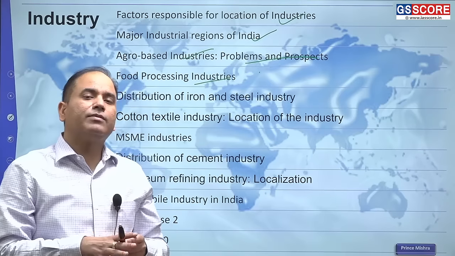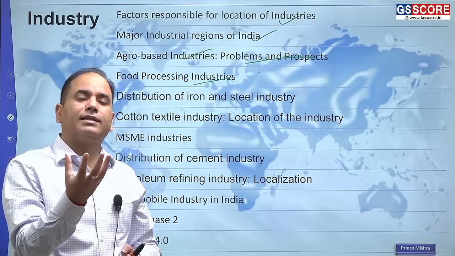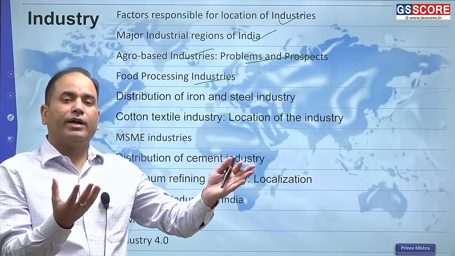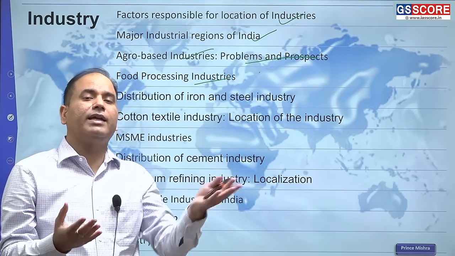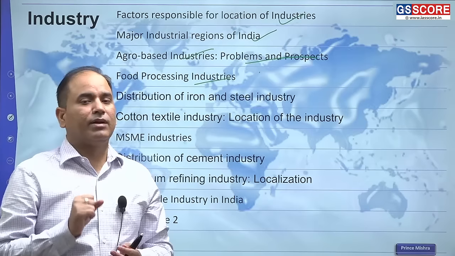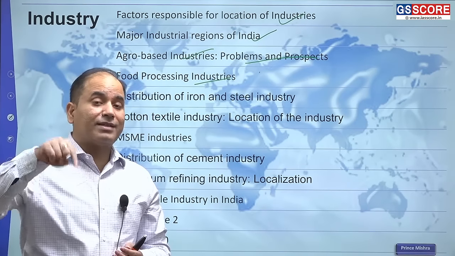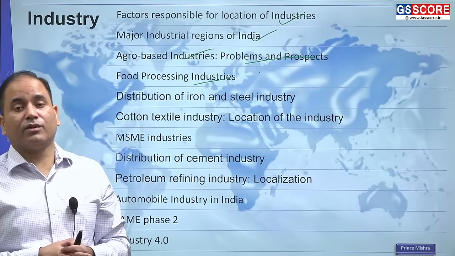So, until and unless we do agricultural activity in such a manner that demand is generated for the agricultural produce, the industry will not perform. If industry will not perform, agriculture will also not perform.